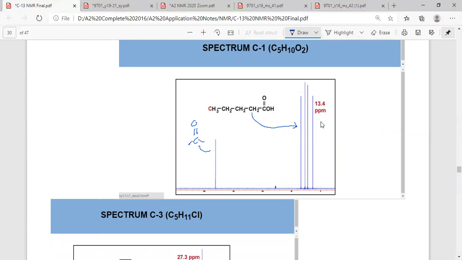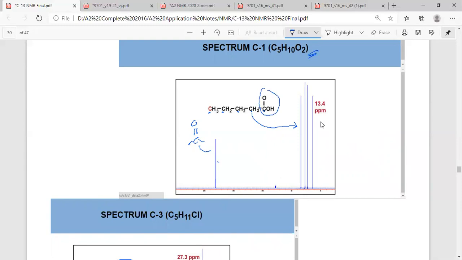Now this big molecule here, right? Remember C5H10O2 here. How many chemically equivalent carbons are there? 1, 2, 3, 4, 5. 5 lines. How do you identify which one? Of course, this carbon here, this is the one that's nearest. It is the carboxylic acid. Yeah.